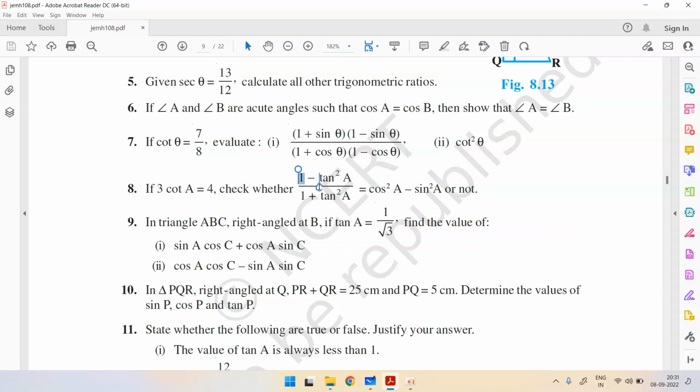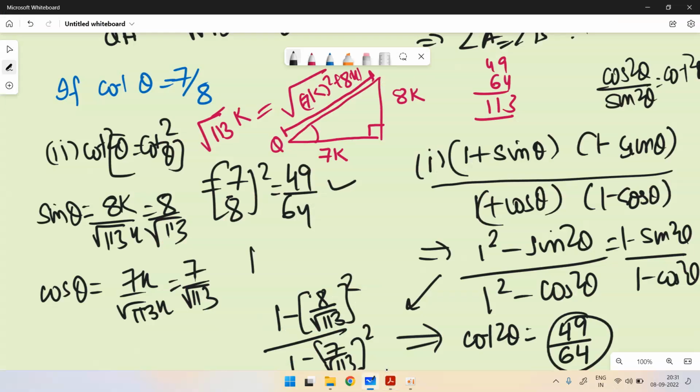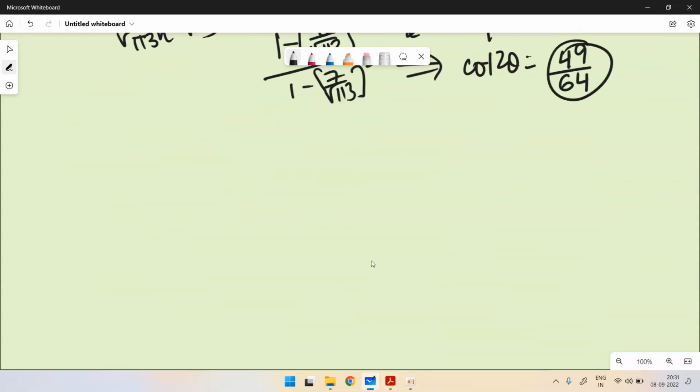This is a formula of class 11th. (1 minus tan square A) by (1 plus tan square A) is nothing but cos 2A, and cos square A minus sin square A is also cos 2A. If you don't know this, you don't need to, since I can easily check this by doing it below.